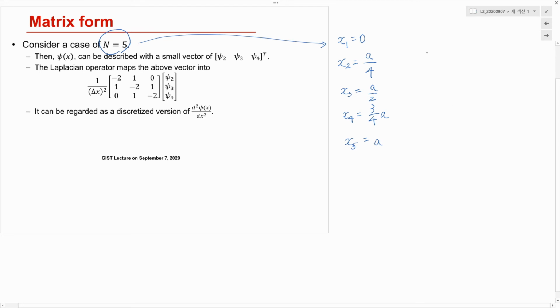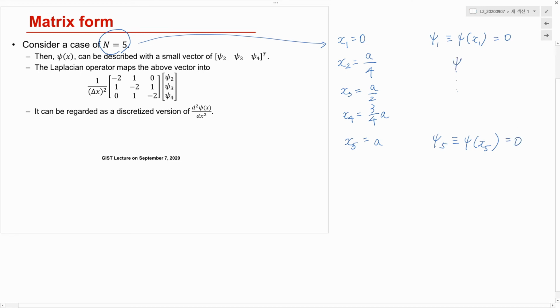And also we define psi 1, which is by definition psi at x1, up to psi 5, by definition psi at x5. However, by applying the boundary conditions, they are automatically 0.